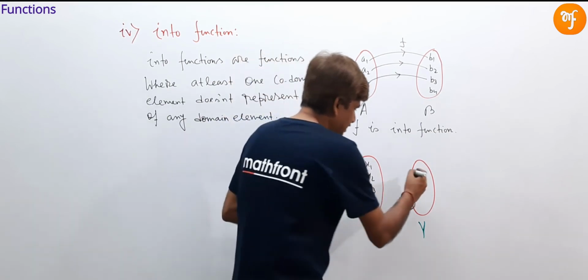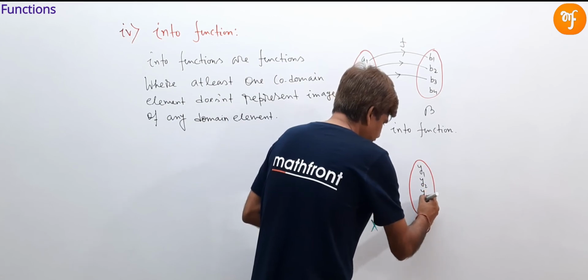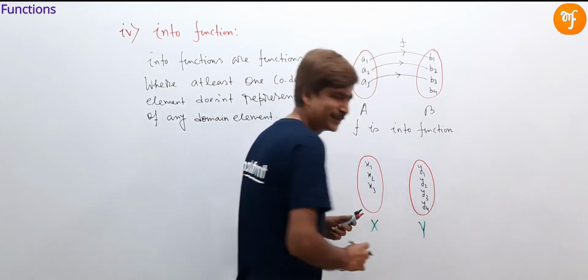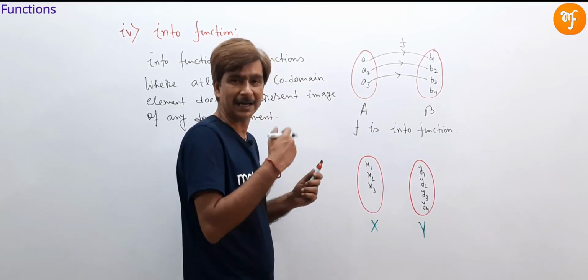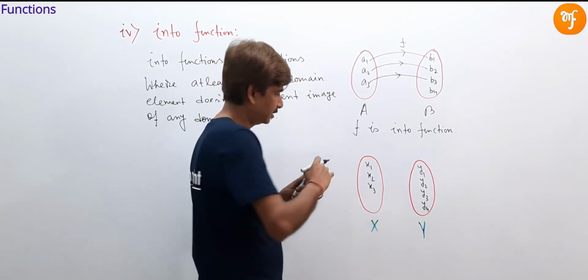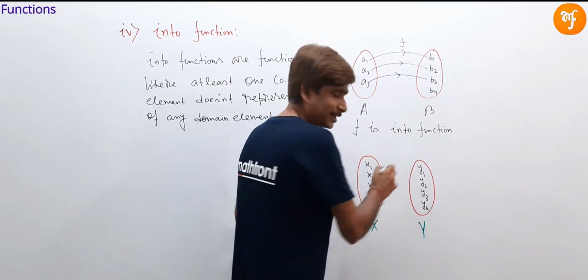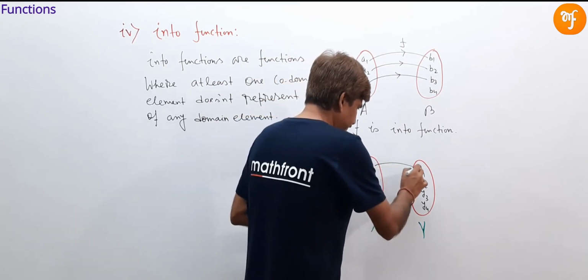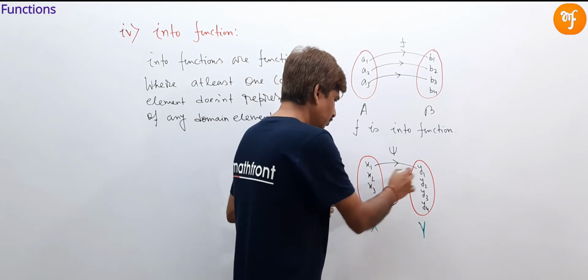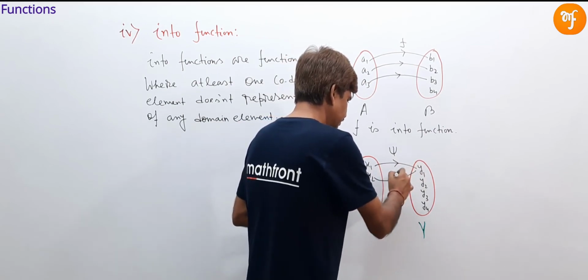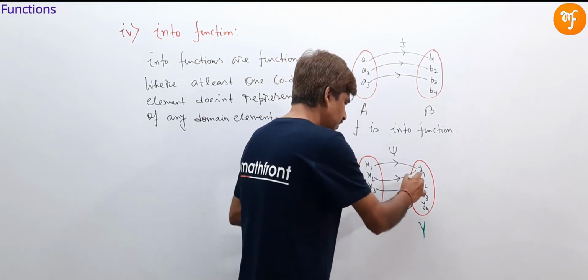Okay, and the elements of set Y are Y1, Y2, Y3, Y4. Okay, now let us declare a relation, as well as a function, that is psi between these two sets. That is, Y1 is the psi image of X1. Similarly, Y1 is also the psi image of X2. Let Y2 be the psi image of X3.